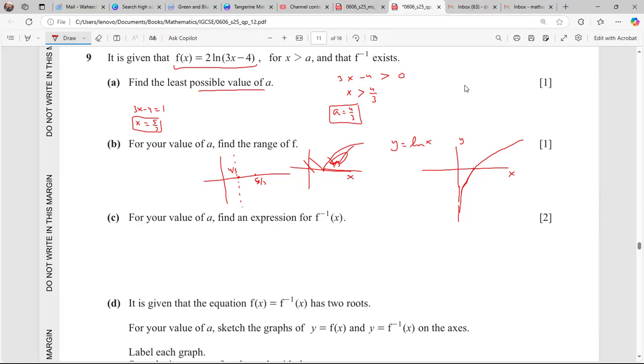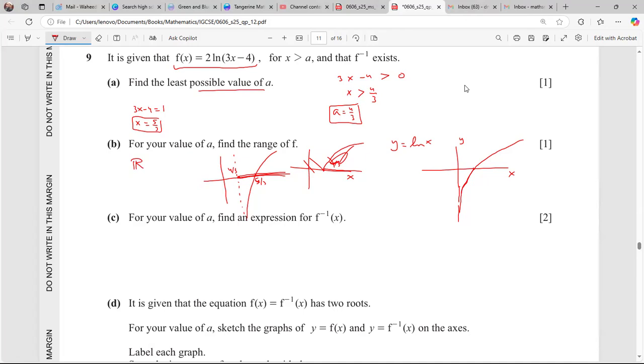You can see the domain of this function is 4 by 3 and onward, so x has to be greater than this, but the range is from minus infinity to infinity. So the range is all real numbers for this function.